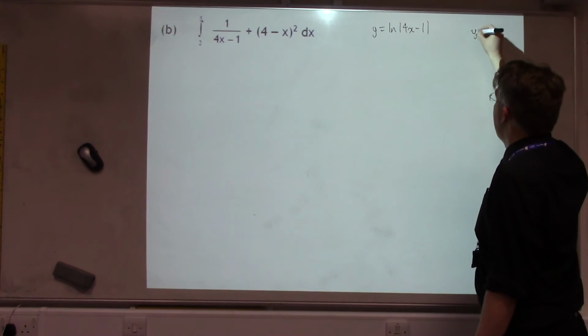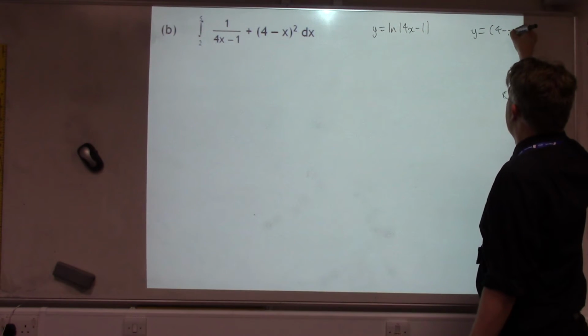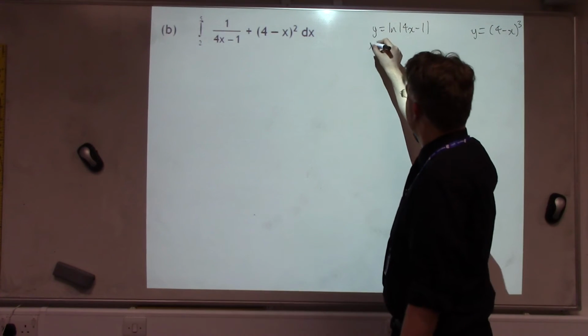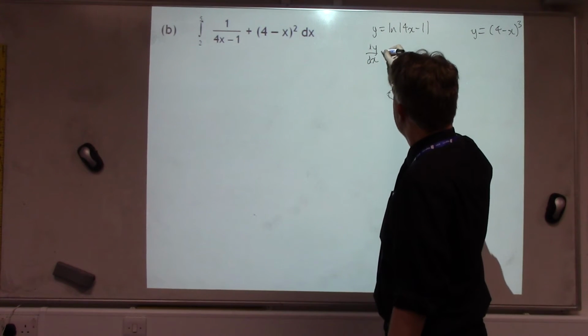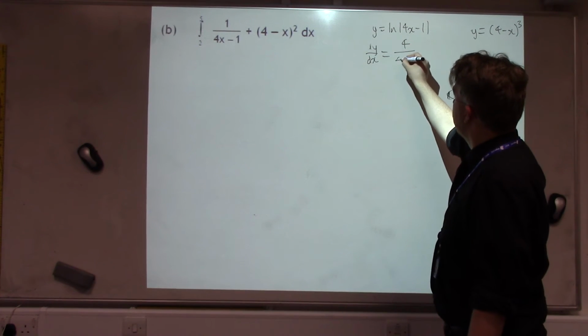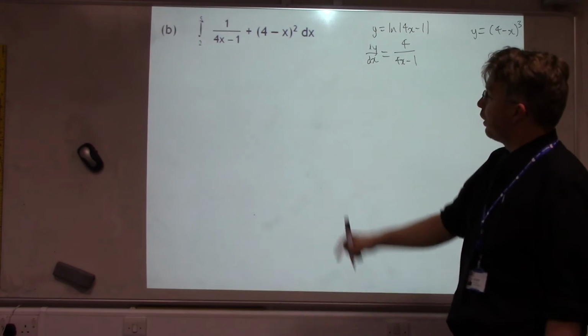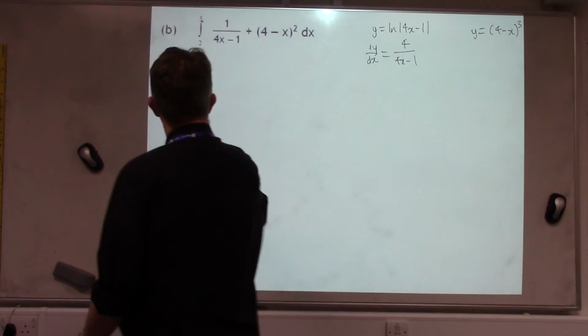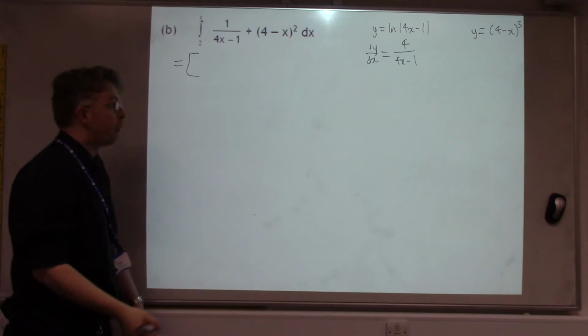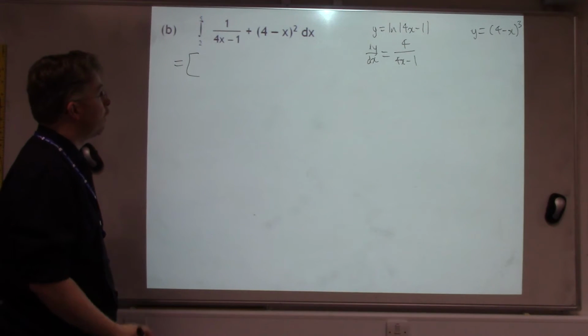For the second one, we need a power that's 1 higher. Differentiate. So we would get 4 over 4x minus 1. So our answer to the differentiation is 4 times too big, so we need a quarter of the original.